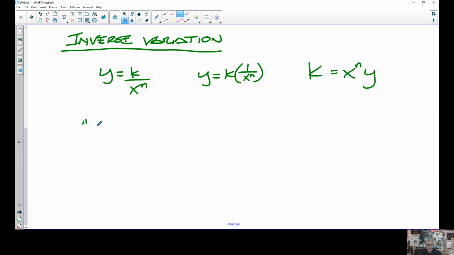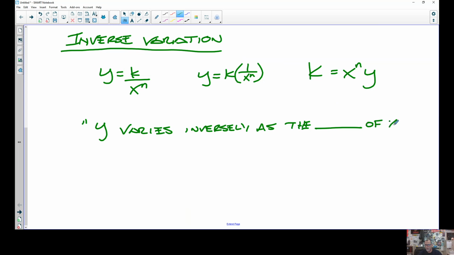When we read this, we say y varies inversely as the blank of x, and that'll just be a power of some kind. Same type of format, just a little bit different because we're talking inverse here rather than direct.